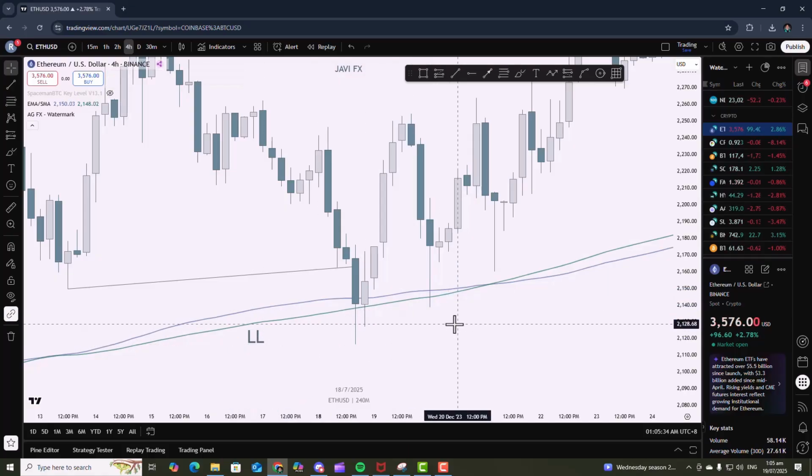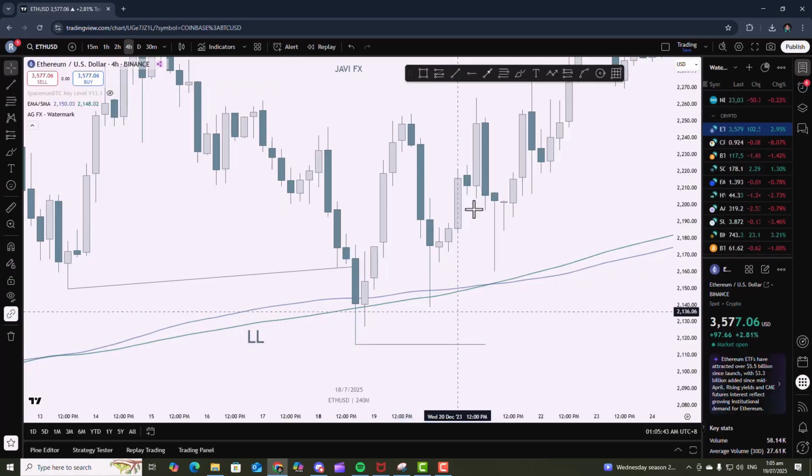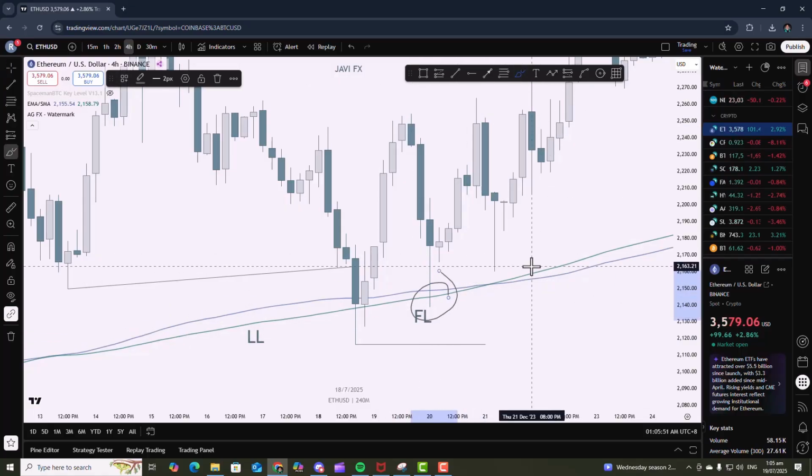I'll give you 5 seconds. 5, 4, 3, 2, 1. No, it's not. Because we didn't break this. So now, that's what you call a failed low. Failed low. So if you were shorting, you would have stopped shorting, right?